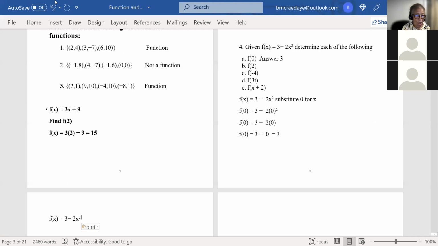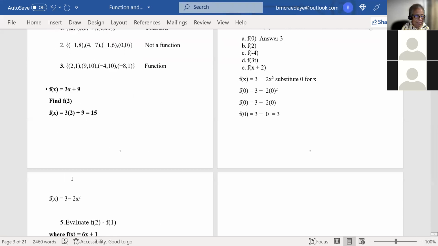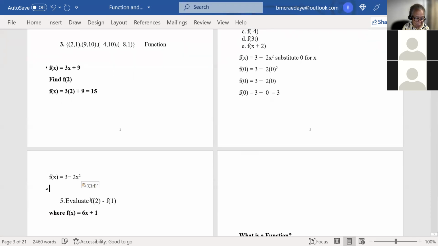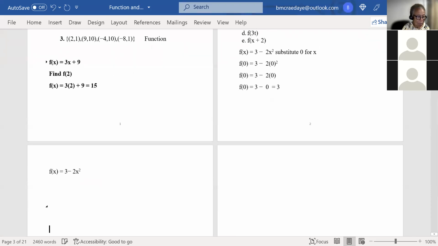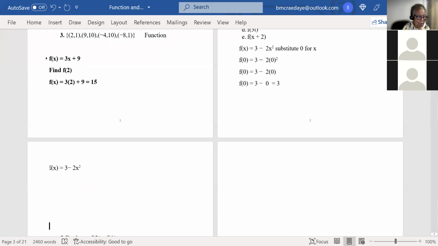Now you want to do part b, f of 2. So wherever there's an x, you want to put a 2, because now we're finding the function when this value x is 2. So put a 2 there. Let's copy. You put a 2 where the x is.